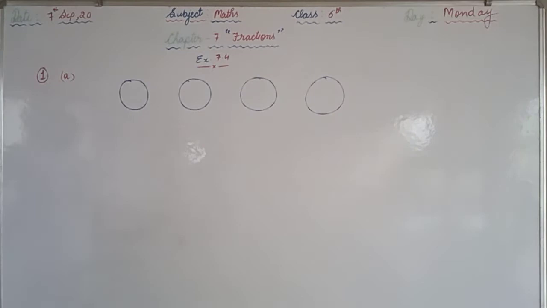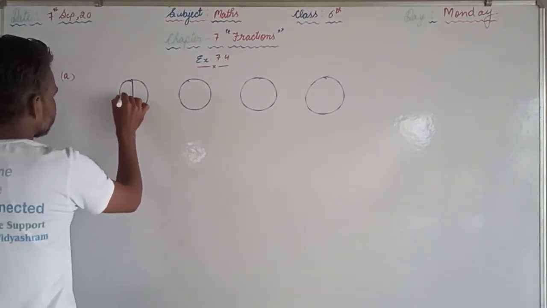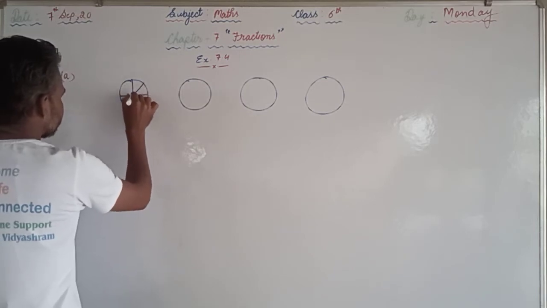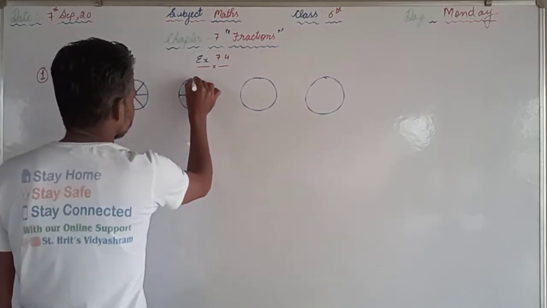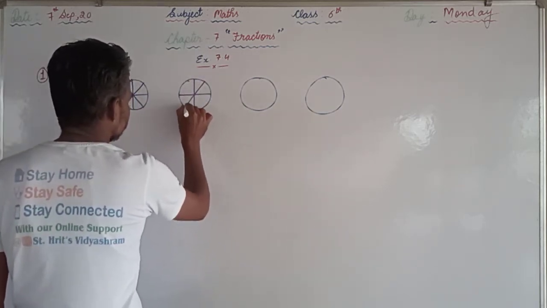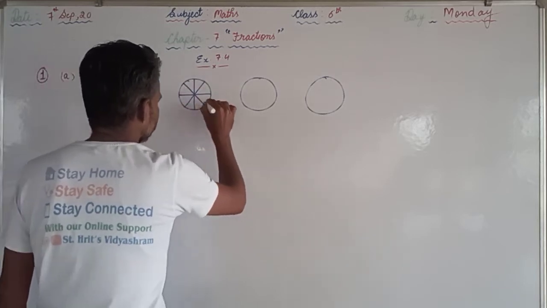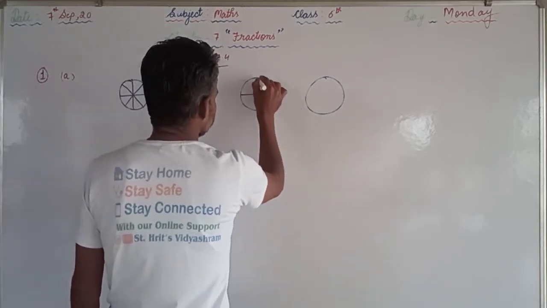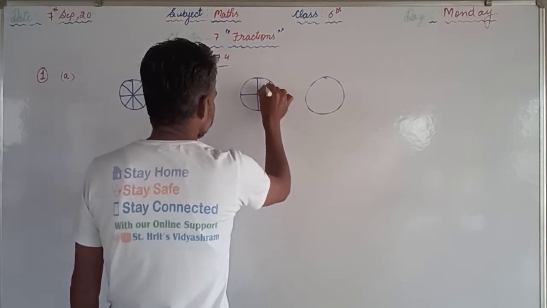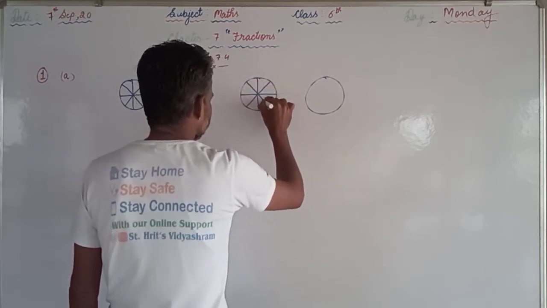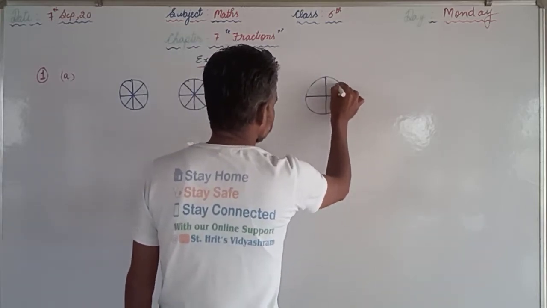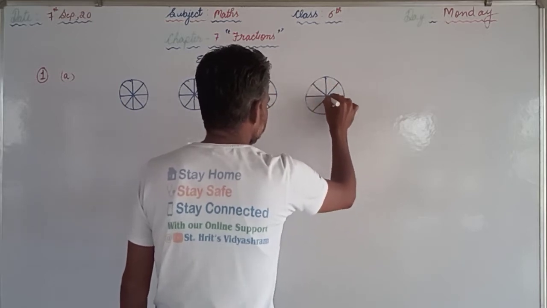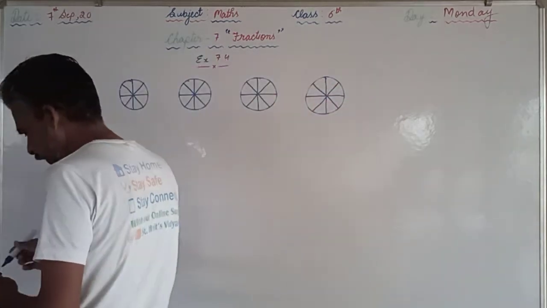And the circle has been divided into 8 parts. Each circle has been divided into 8 equal parts.